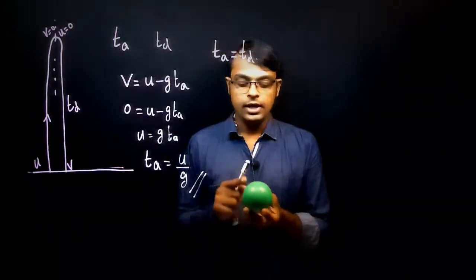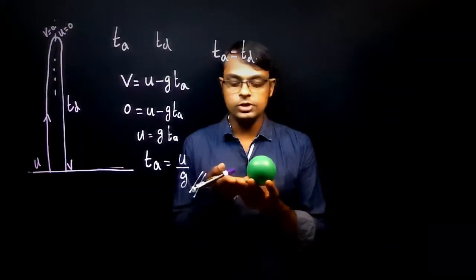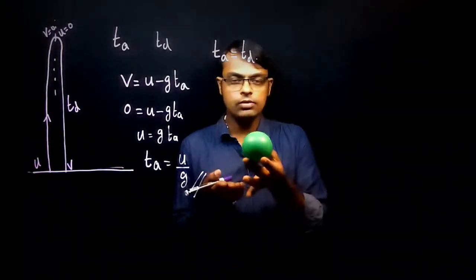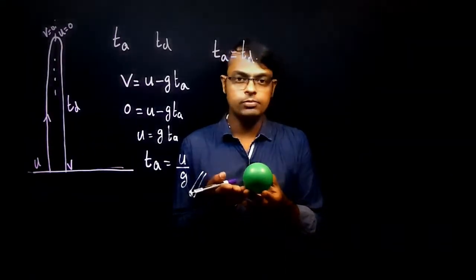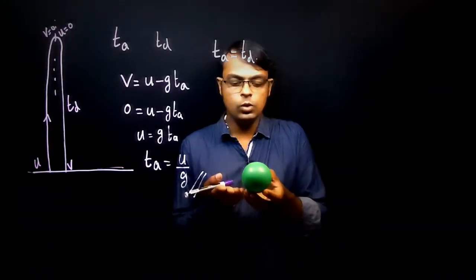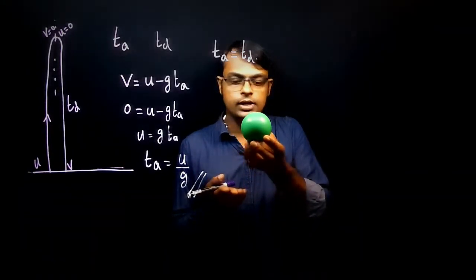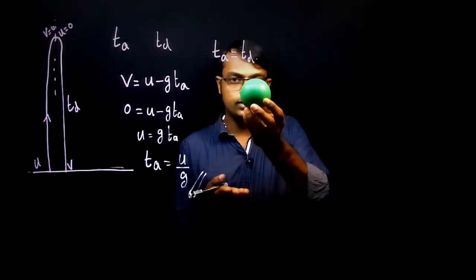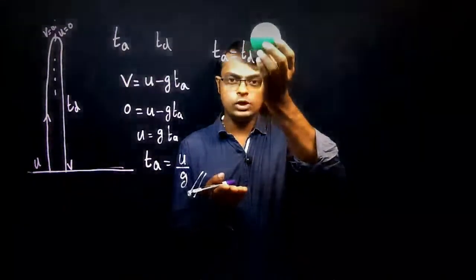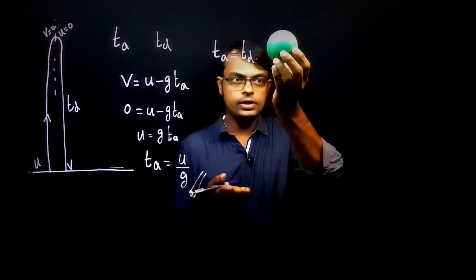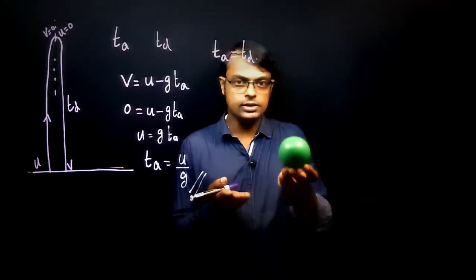That means I am projecting this ball from this point with an initial velocity of 20 meter per second. The ball will go up, the velocity will decrease, 20 becomes 10 and finally comes to 0. Again it slowly increases, 10, 20, 30, etc.